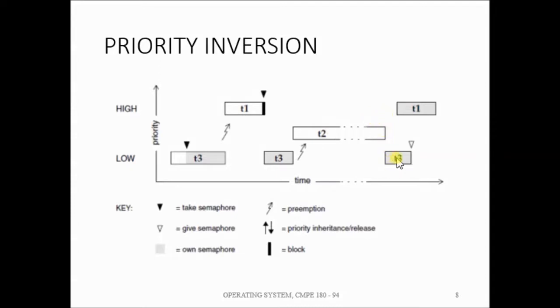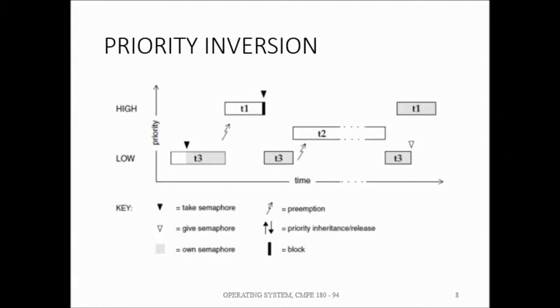This condition could persist, blocking T1 for an indefinite period of time. So here basically what happens is that even though T1 was higher priority than T3, T1 will be executed only after T3 is completed and releases its resources.